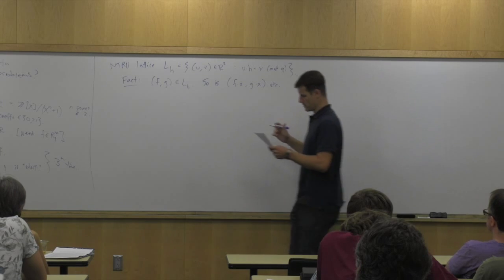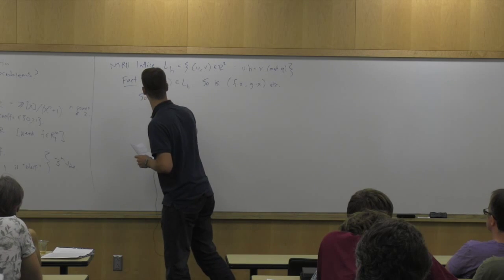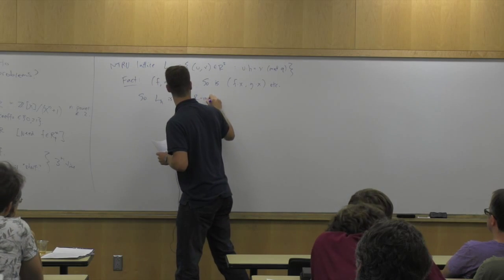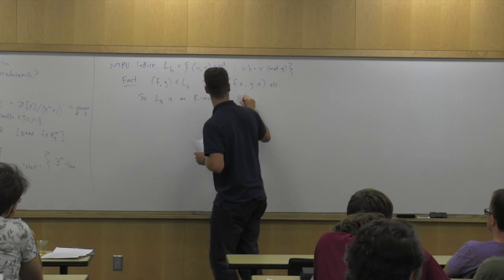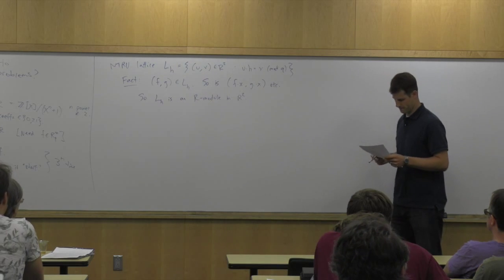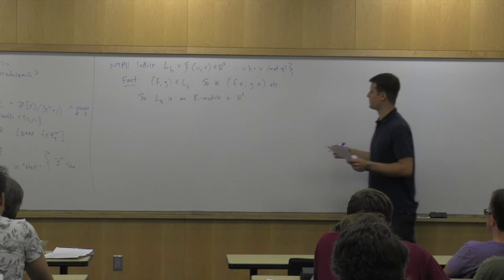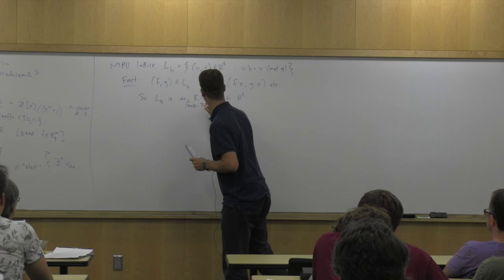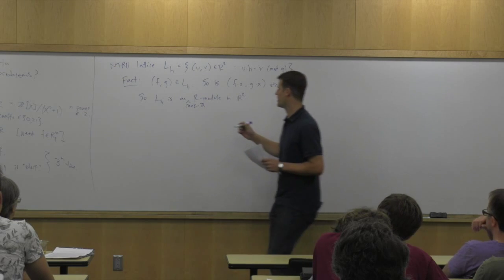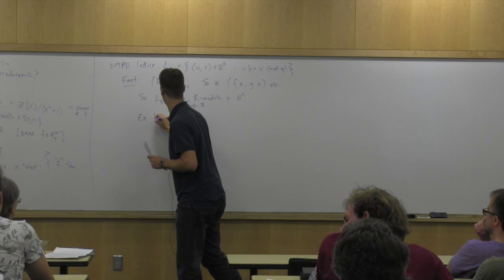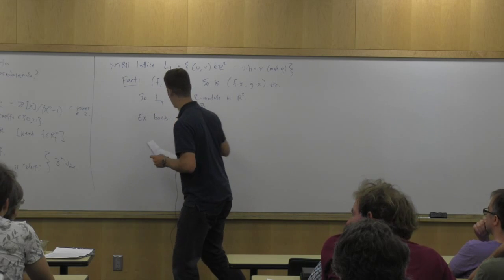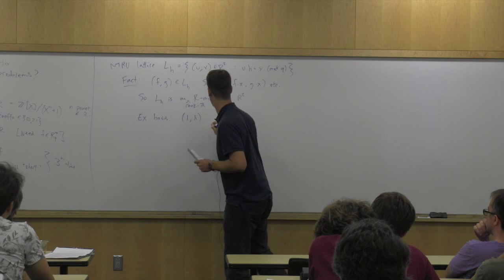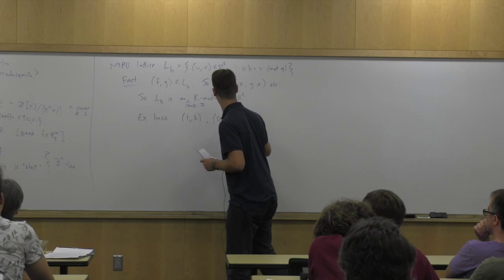And therefore L_h is an R-module in R squared, a rank 2 R-module. An example basis are the two pairs (1, h) and (0, q).